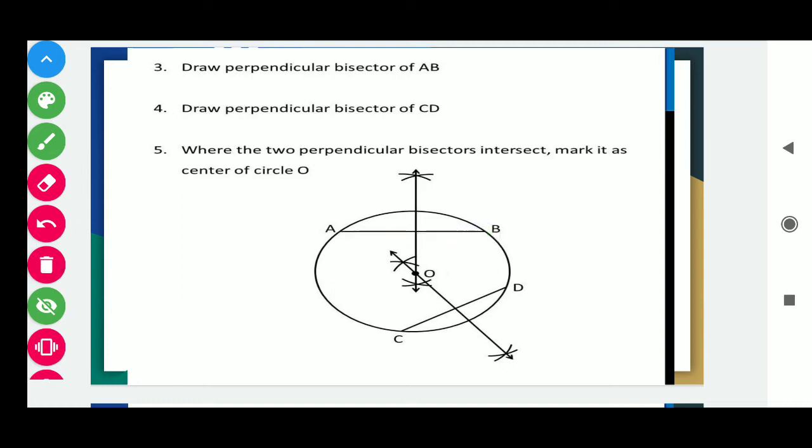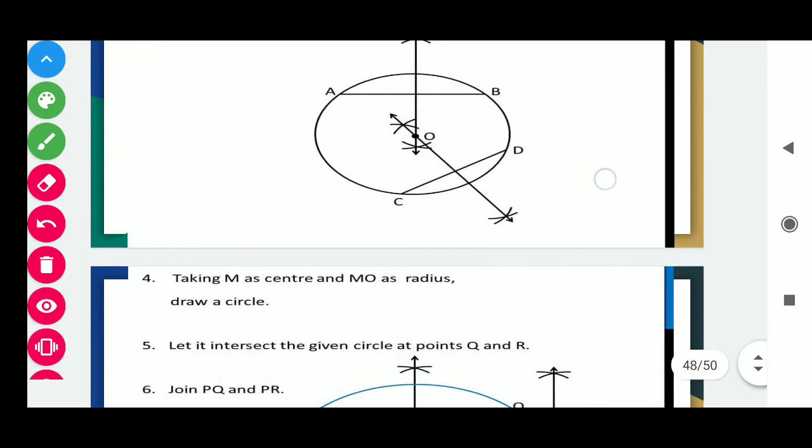In the same way, by the same process, make the perpendicular bisector of the chord CD. So in this way, these two perpendicular bisectors must intersect and must pass through the center. In this way, we have found the position of the center.